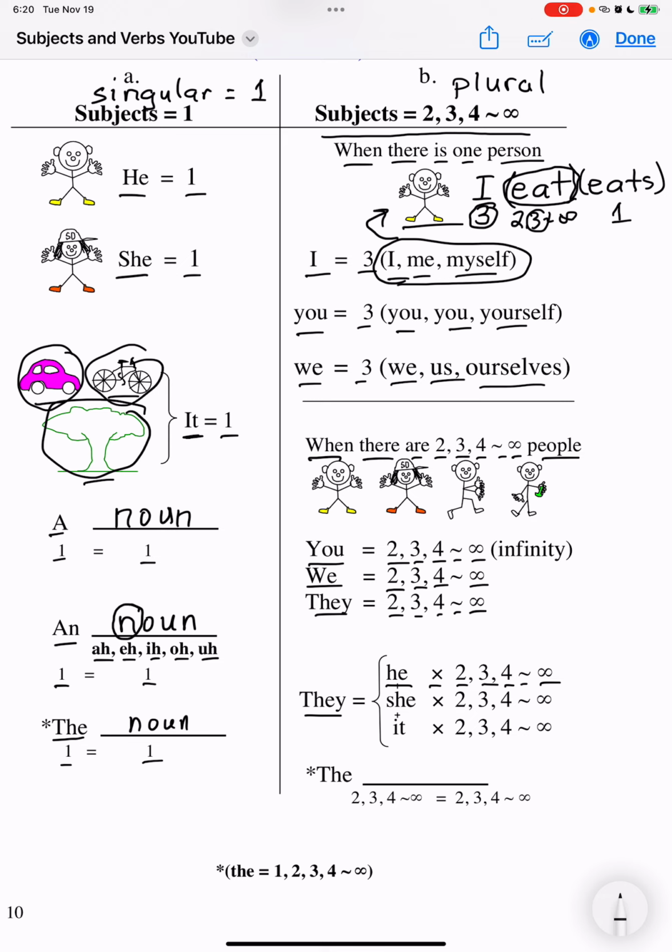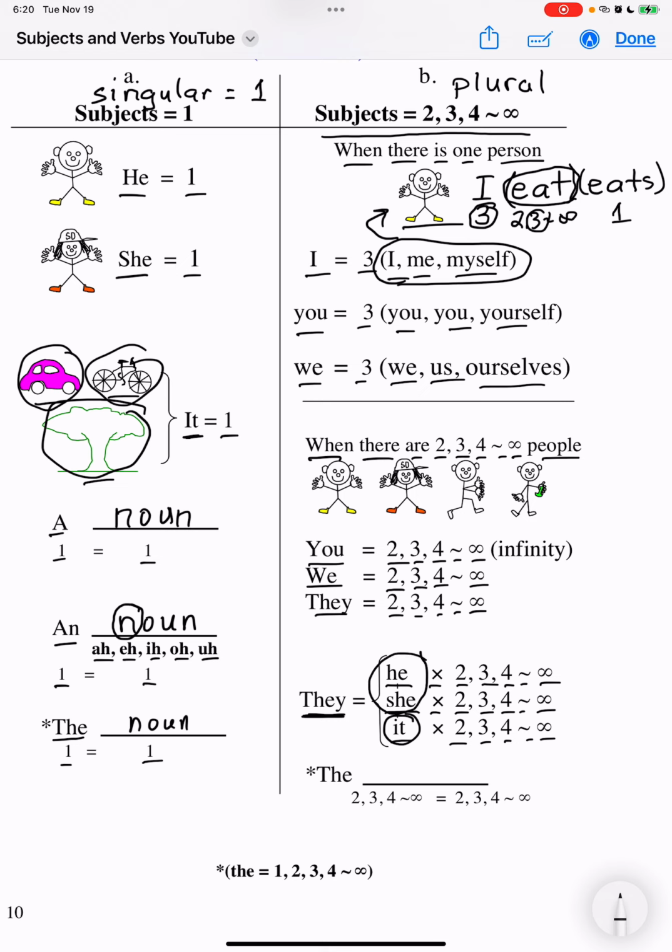Or she times 2, 3, 4 to infinity, or it times 2, 3, 4 to infinity. Any of these combinations will equal to a they.